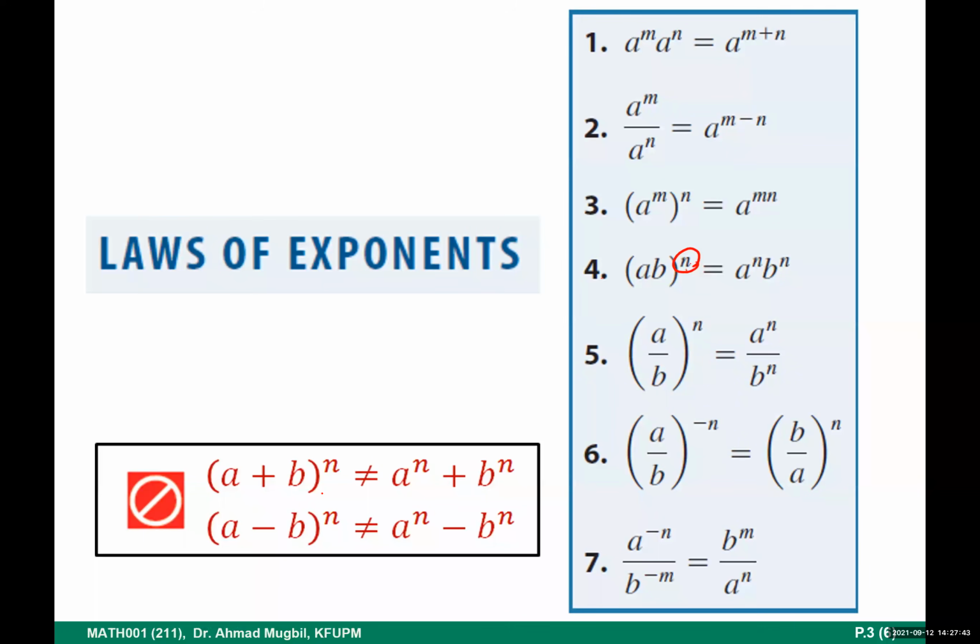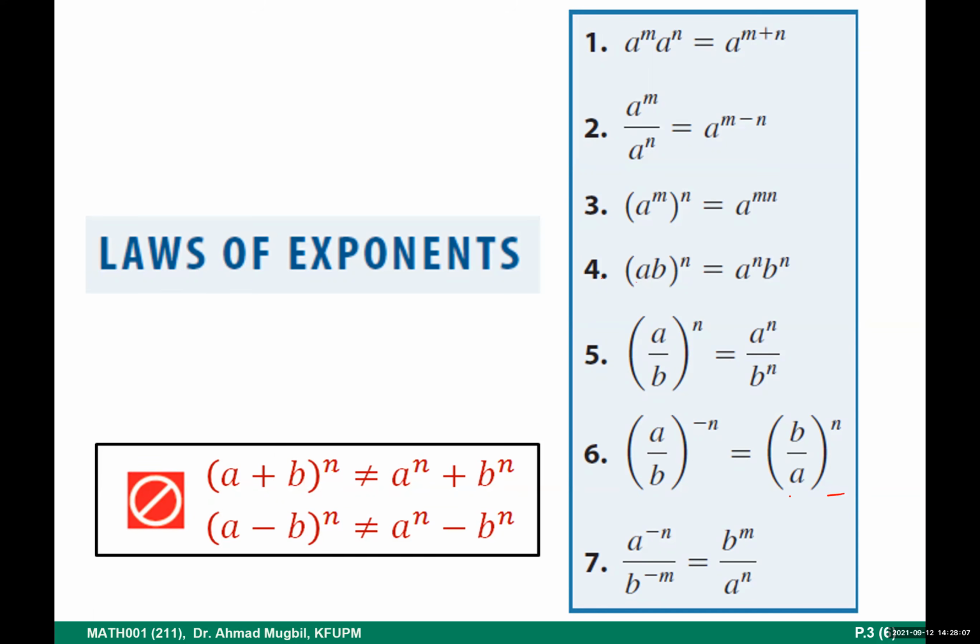This is a very common mistake, Shabab. Please, you cannot distribute the power over the sum and the difference. In other words, if you have a power of a sum, it is not the sum of the powers. It is not just that you distribute the power to both. This is just in the case of multiplication and division.